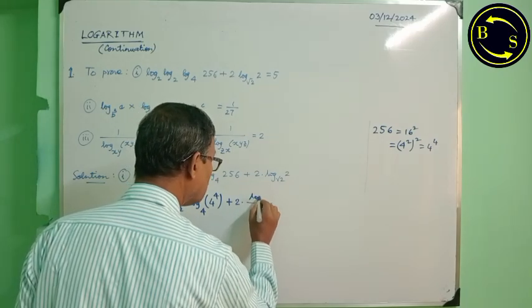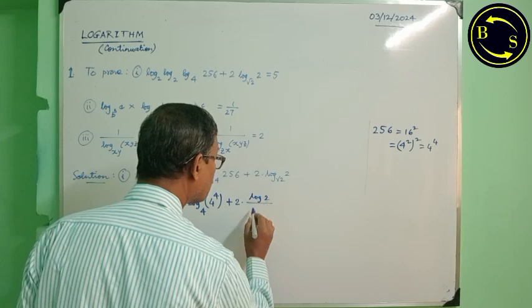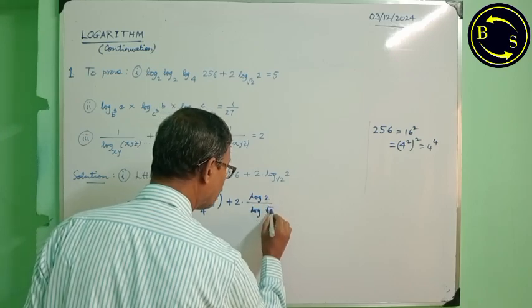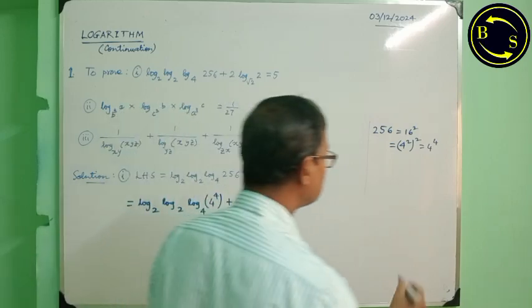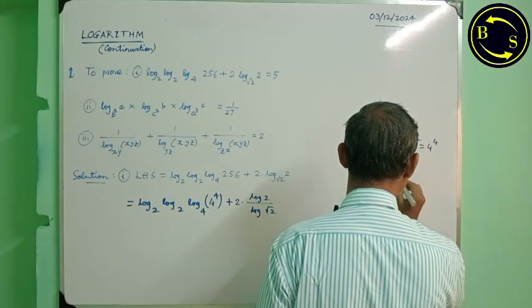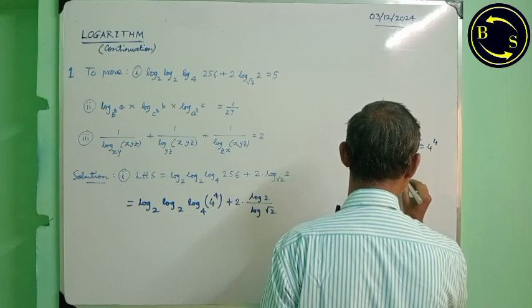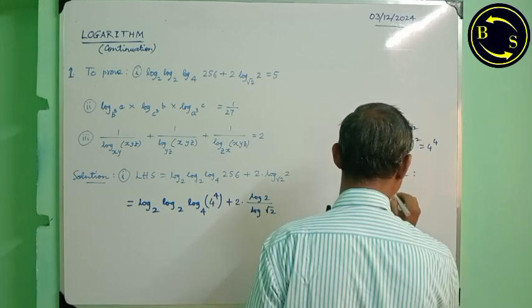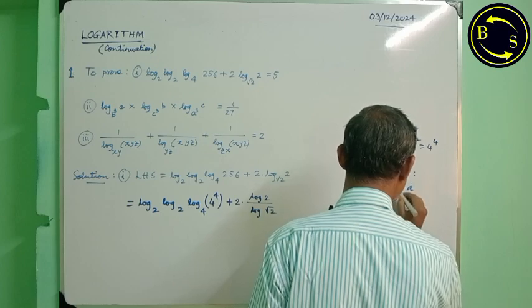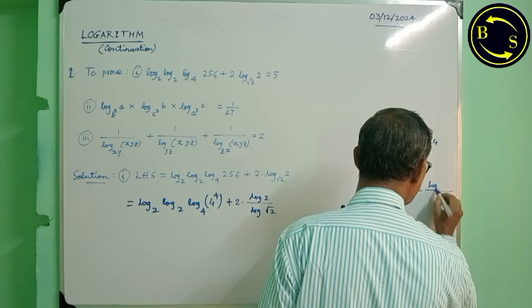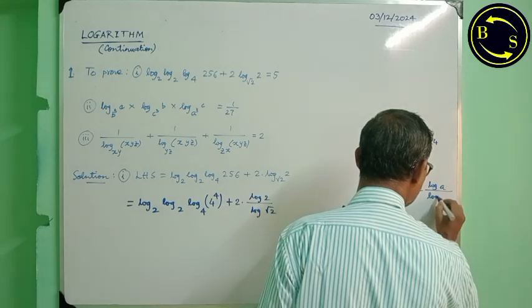Plus, here I apply base changing formula like this: numerator log 2, denominator log of root 2. As formula, log of a to the base b equal to log a by log b.